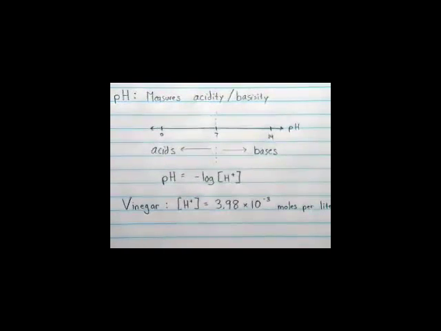Remember moles? Anybody take AP chemistry? Maybe? You've seen it? Okay. A mole is just a very, very large number. I don't remember exactly what it is, but it's just a huge number because there's so many of them. But anyway, 3.98 times 10 to the negative third, that's for vinegar.